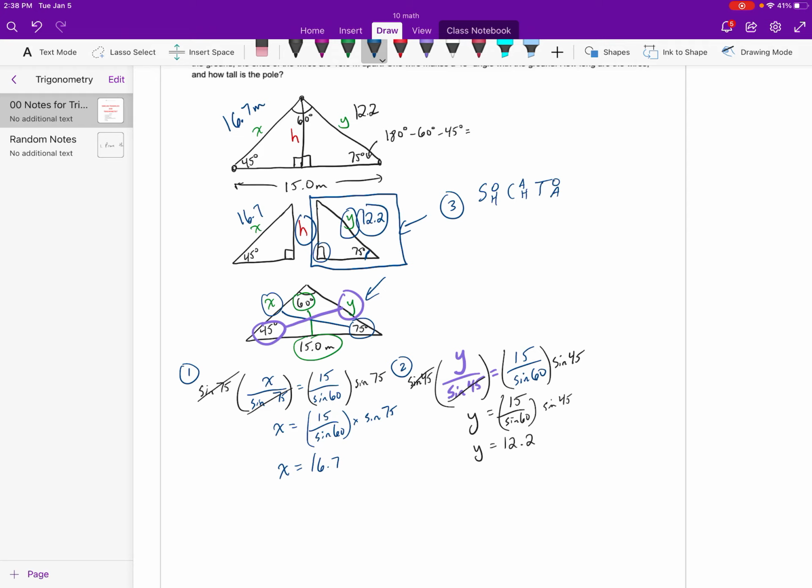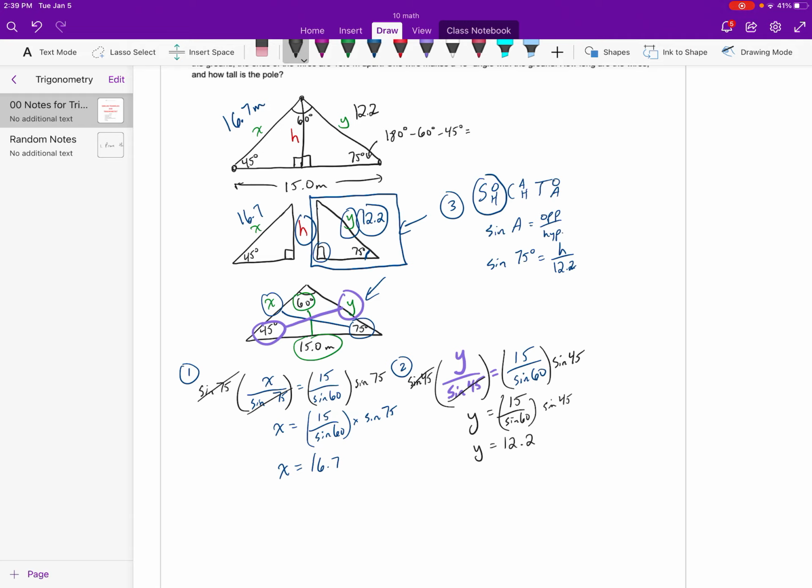So we have an opposite and hypotenuse that we're trying to find, so it's sine. So we do sine of, let's call it A, equals opposite over hypotenuse. And we fill in what we know. So A is 75 degrees here. Opposite side is H, and the hypotenuse is 12.2.